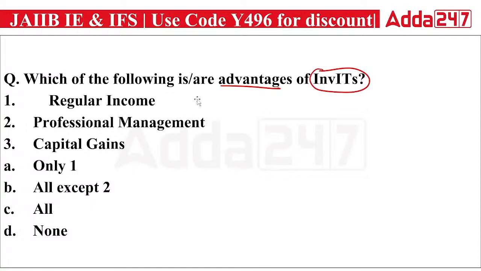And the answer is you will get regular income. It is professional management like real estate investment funds, and you will get a capital gain. It means all of the above are the advantages of your investment.